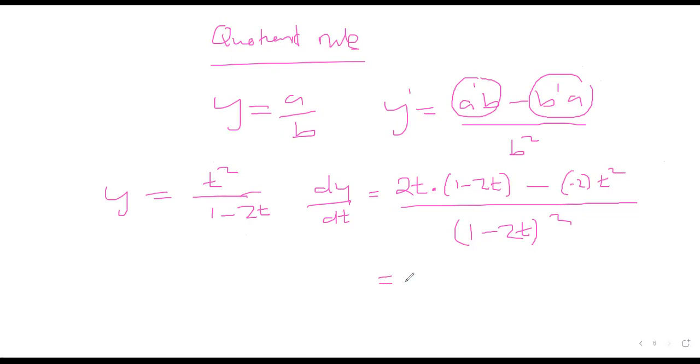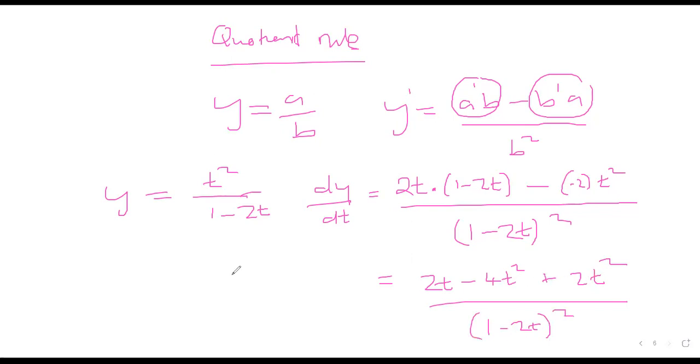So what you end up having is, expand there, it is 2t minus 4t squared plus 2t squared over (1 minus 2t) to the power 2. So these are like terms.